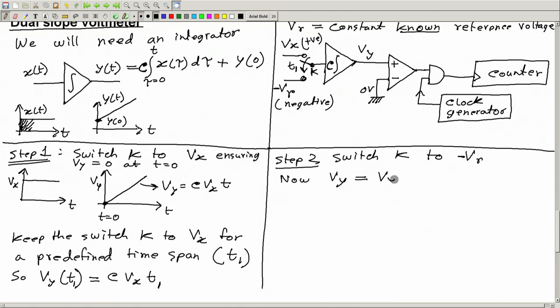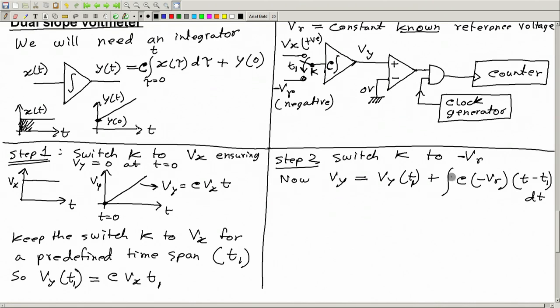Call this Vy(t1), then plus integration of c times minus VR, from t1 to t, dt.